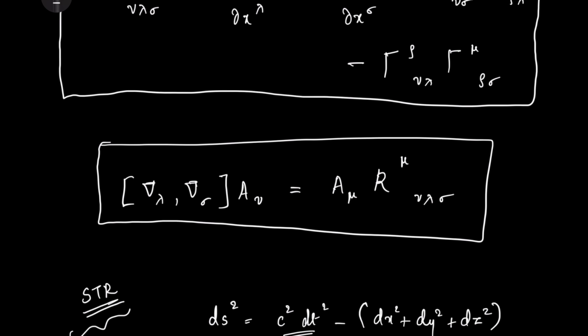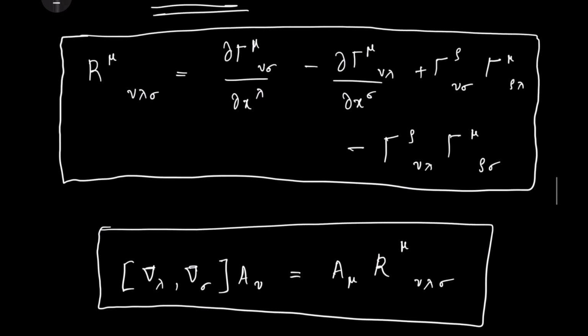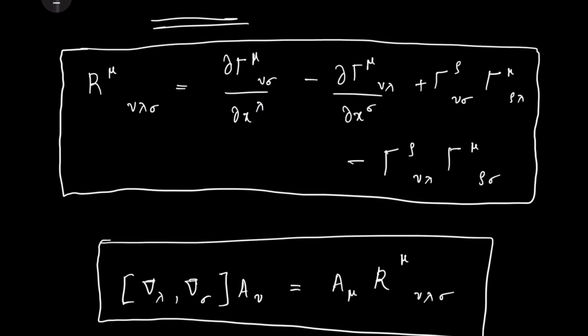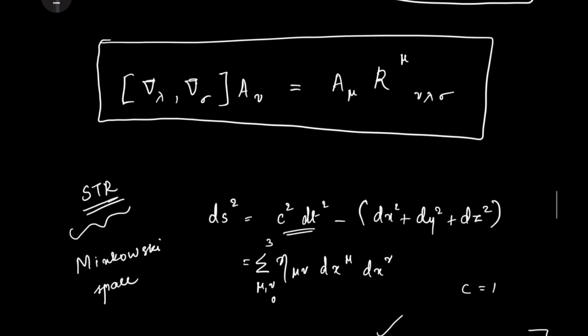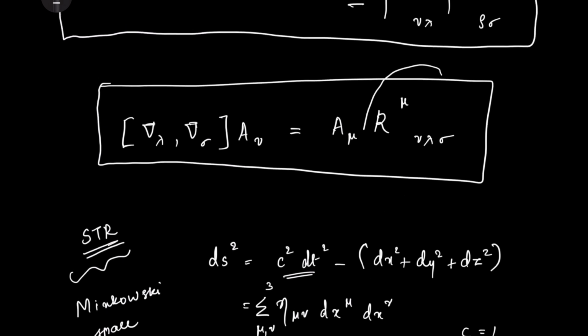It measures the non-commutativity of the parallel transport of vectors. The moment you take the covariant differentiation, it is dependent upon the parallel transport of a vector. So when you take the commutator, then it says that the vector has changed, because the commutator is not equal to 0.